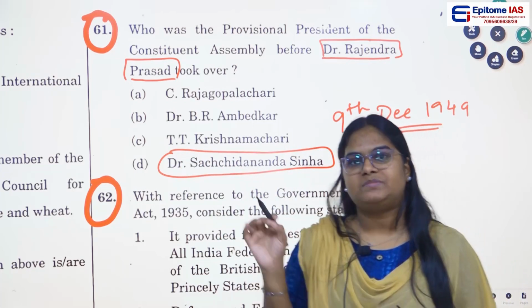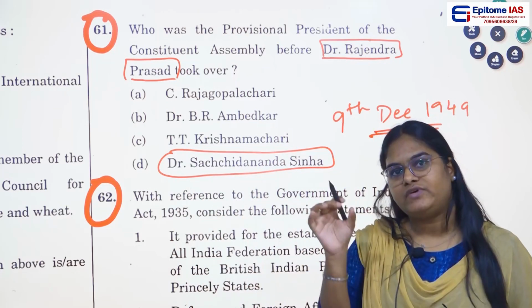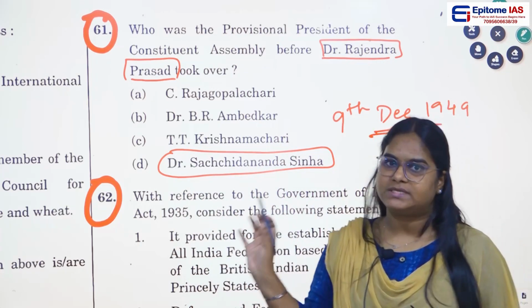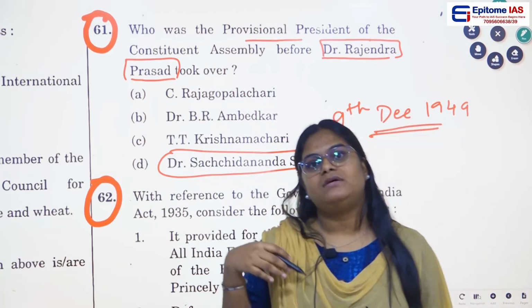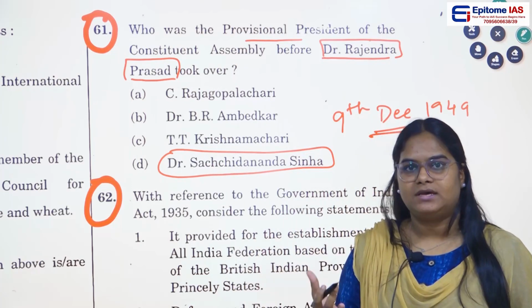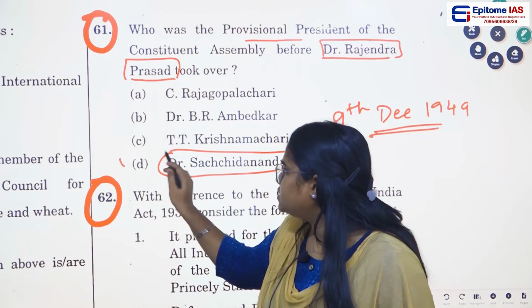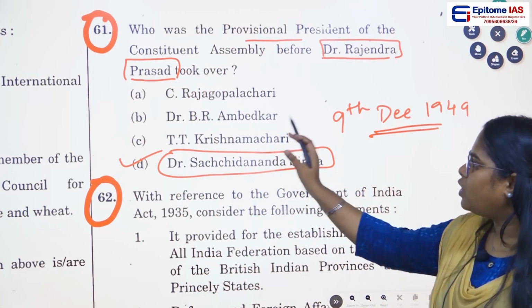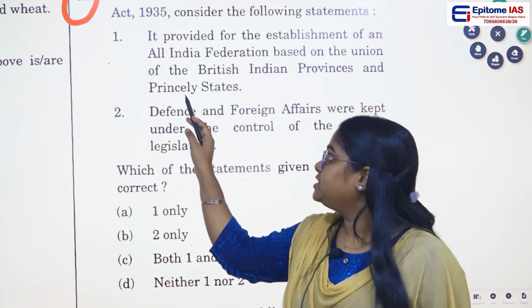He was appointed as the provisional president. Then later, Dr. Rajendra Prasad was elected as the president of the Constituent Assembly. So the correct answer would be option D, Dr. Sachidananda Sinha.